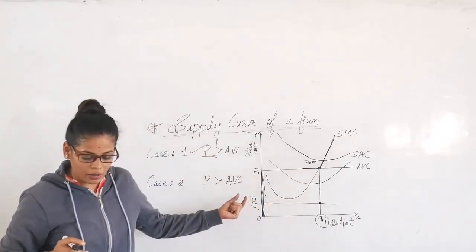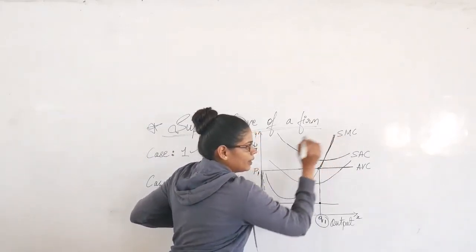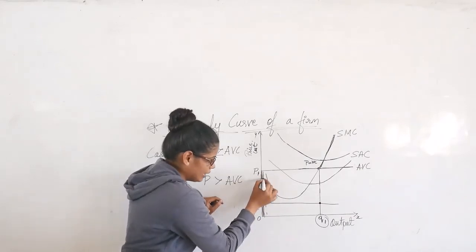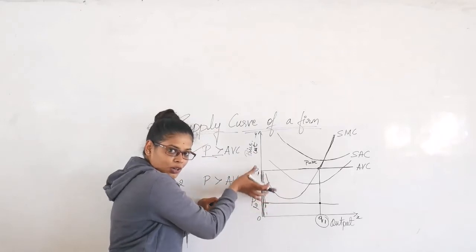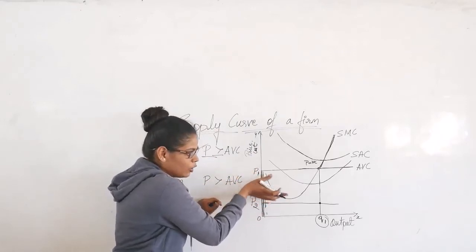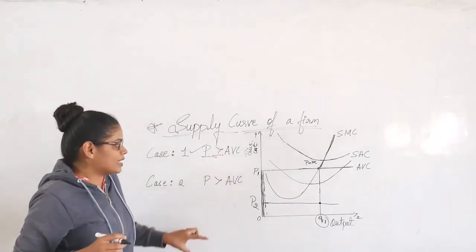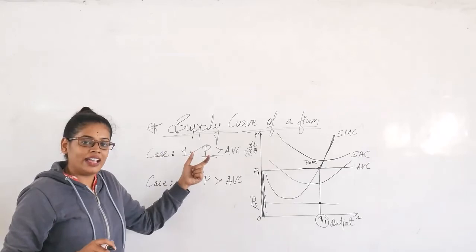This talks about both the rising marginal cost curve and the zero output level below the minimum average curve. This is how we understand the first case and the second case in the short run.